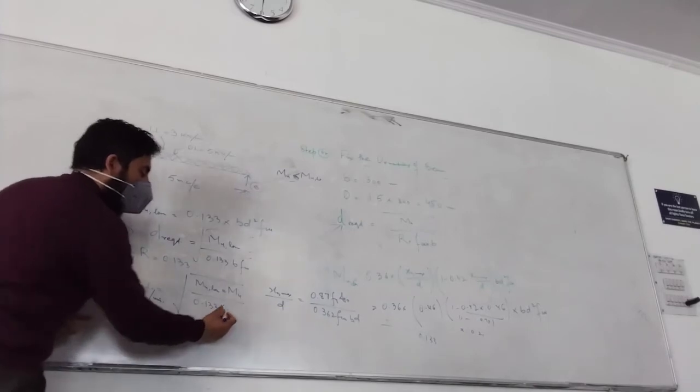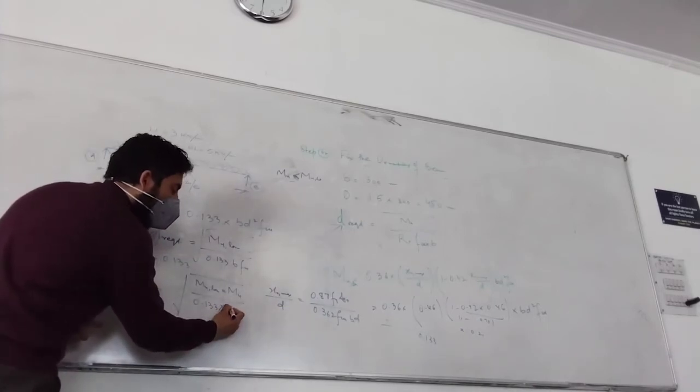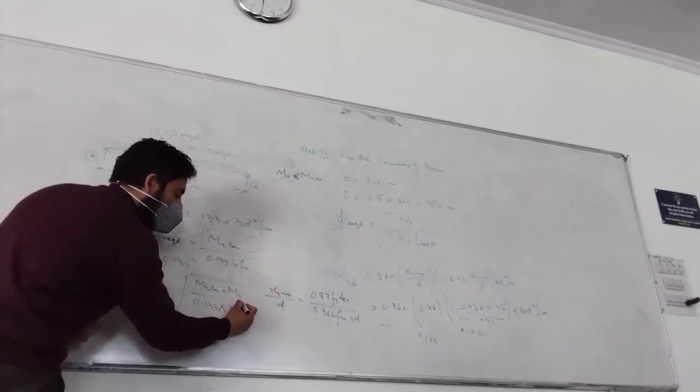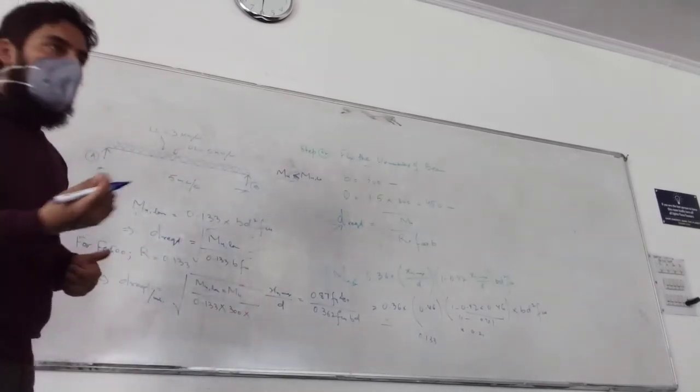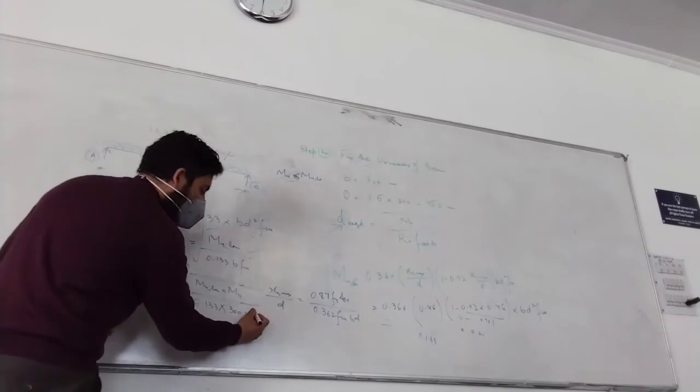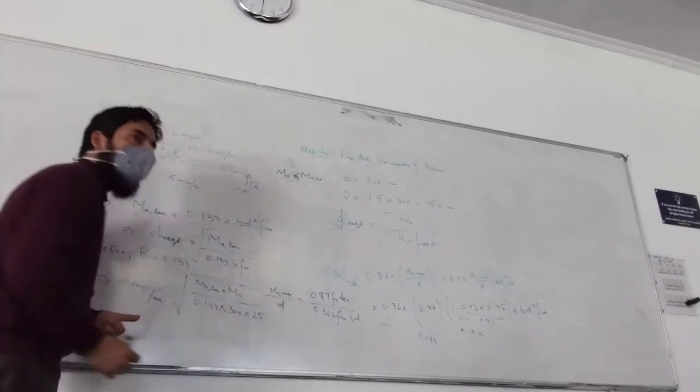What is B? I just assumed it. How much? 300 mm. I assumed 300 mm just now in the first step. What is FCK? Given in the question, 25 megapascal, M25 grade.